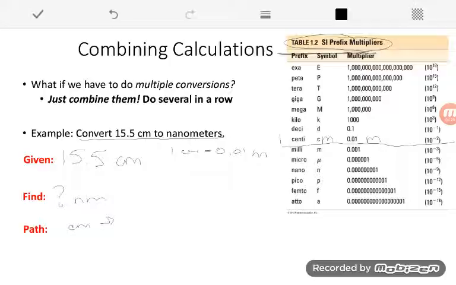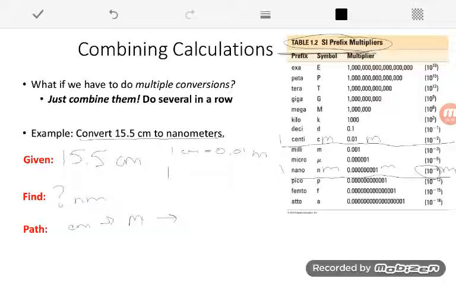So I can get rid of my centimeters and turn them into meters because I have that relationship. But I didn't want to stop at meters. I wanted nanometers. That's fine, because that's on my chart too. I see that 1 nanometer is equal to this many meters. Now, I don't like to write all of those zeros, so I'm going to use the scientific notation form, 10 to the negative 9.